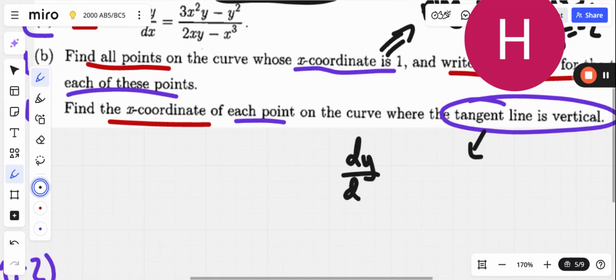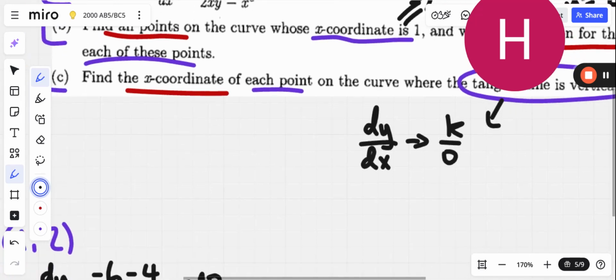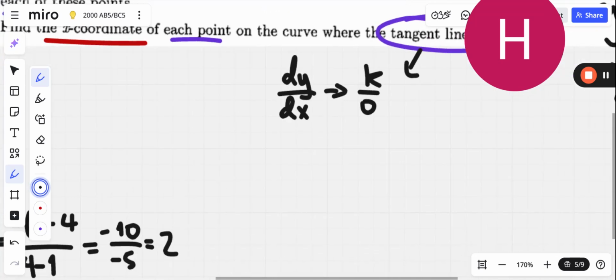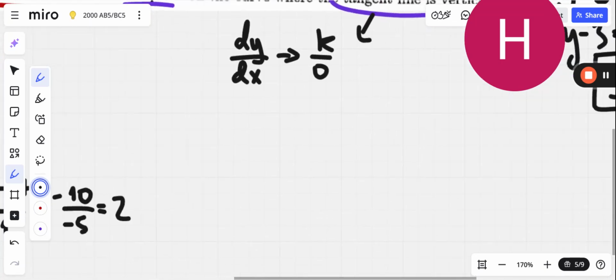This tells us that dy dx is going to be something over 0. So let's find out what would make the denominator of the derivative 0. Well, that means that the 2xy minus x cubed part is equal to 0.